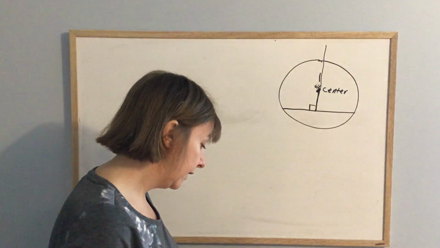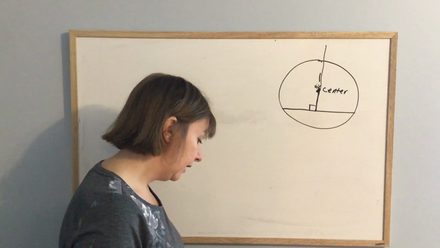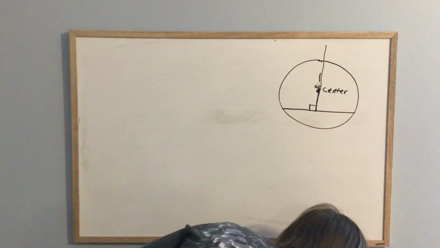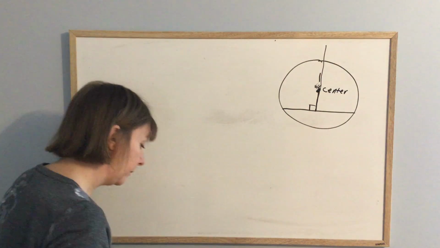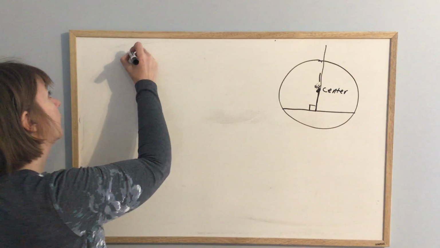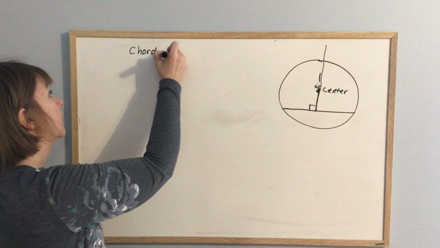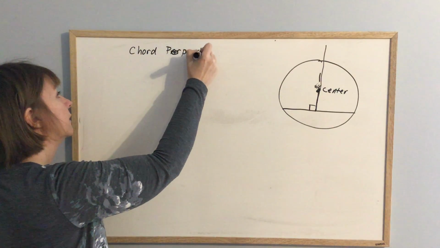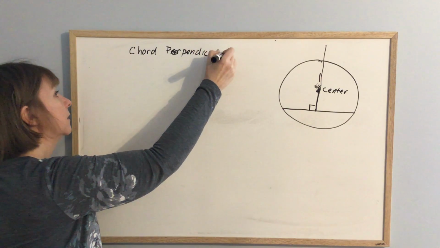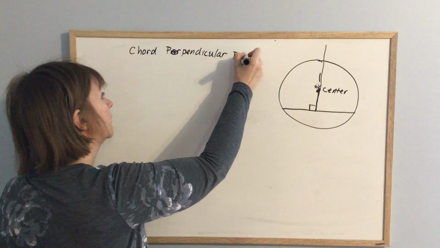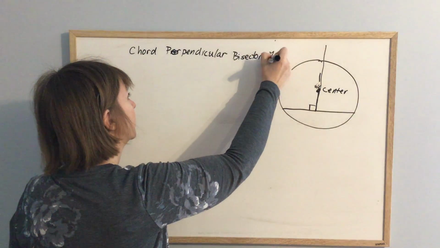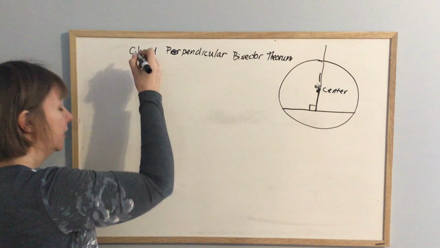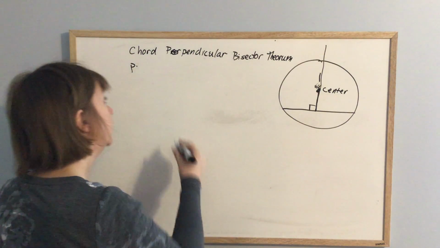All right, so then they have some theorems about the perpendicular bisector. It's called the chord perpendicular bisector theorem, and it's on page 398.